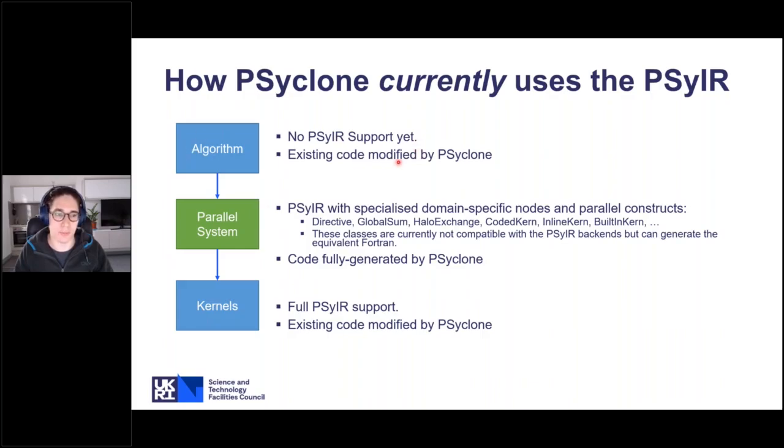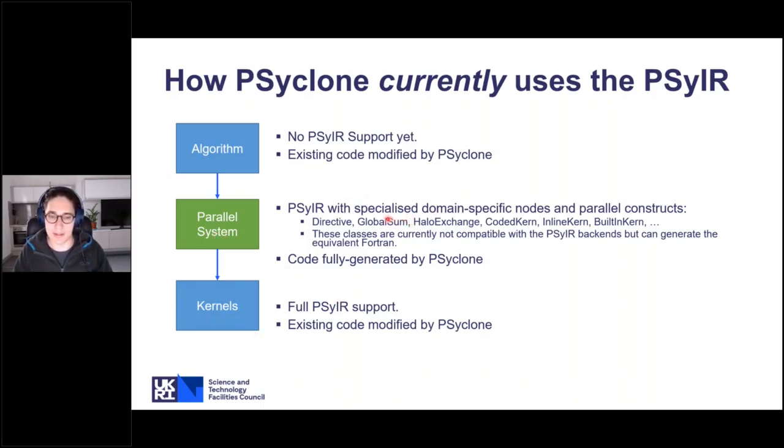So PSyclone just parses this code and has the possibility to modify it, while the parallel system is fully generated by PSyclone. PSyclone generates the PSyIR for the parallel system from scratch. The second difference is that we still don't fully support PSyIR for the algorithm because we really don't do big transformations in the algorithm. We just change how specific calls are called to what they call. But we support the PSyIR in the parallel system and in the kernels.